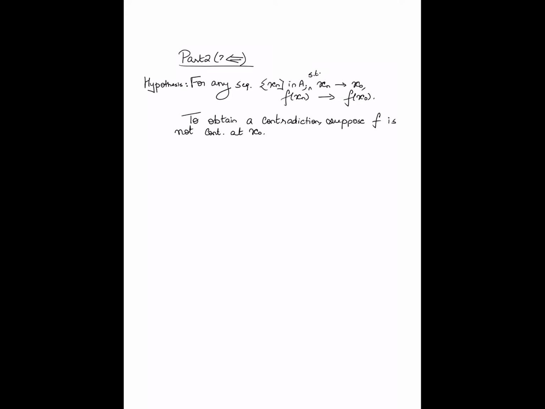Okay, so now let us see what does this negation mean? What does it mean to say that f is not continuous at x naught, right? So this is the part where you just have to go back to the definition of continuity and figure out for yourself what is the negation of that definition going to be.